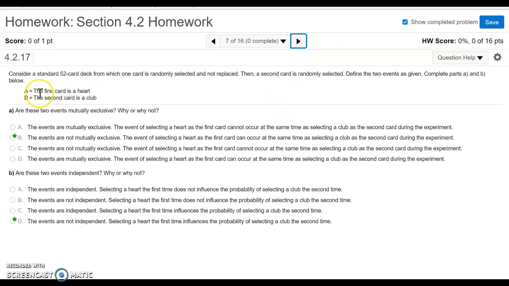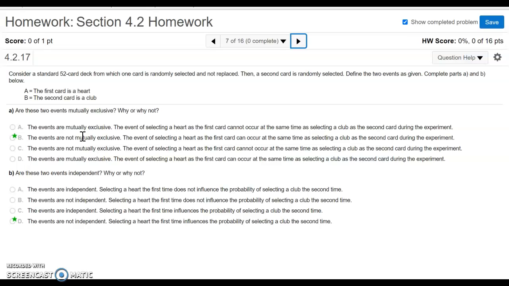Let's see. Here we have a standard 52 deck of cards, and we are selecting 2 cards. So event A, the first card is a heart, and event B, the second card is a club. Okay, so can they occur at the same time?